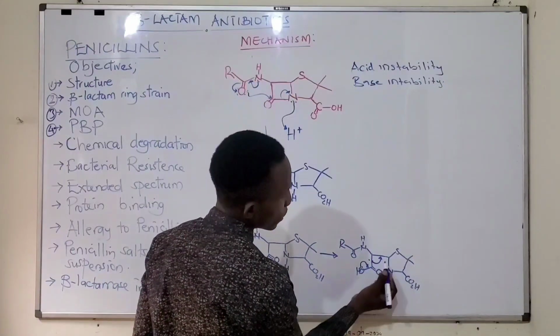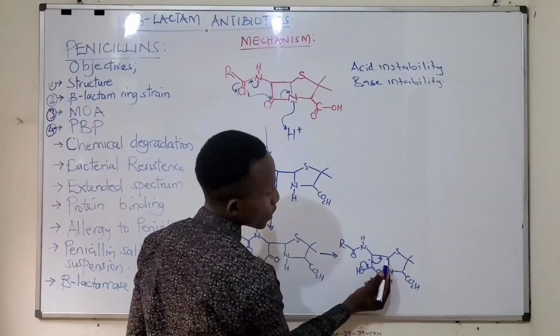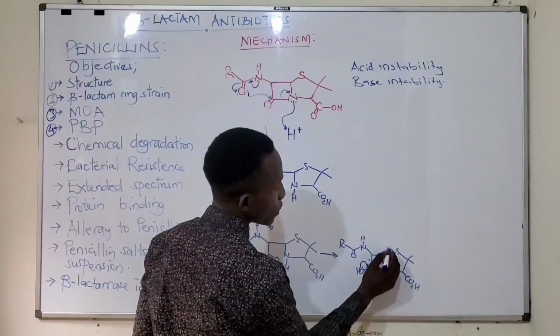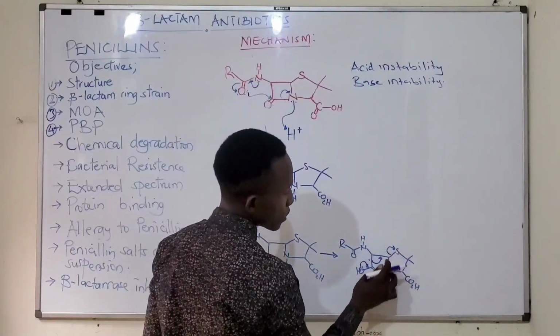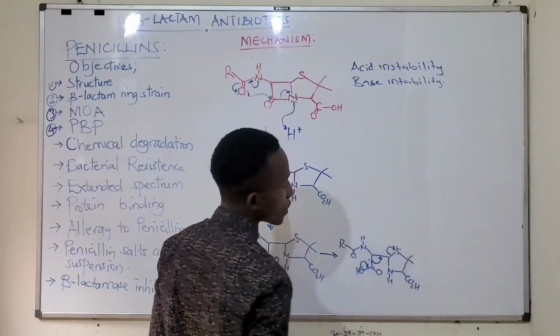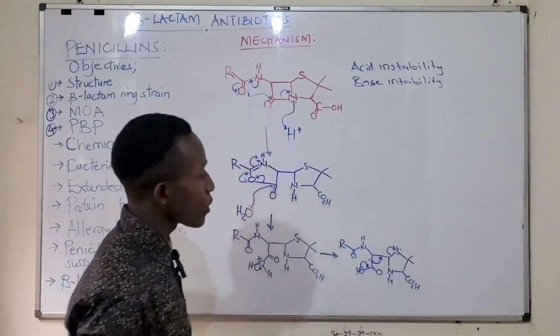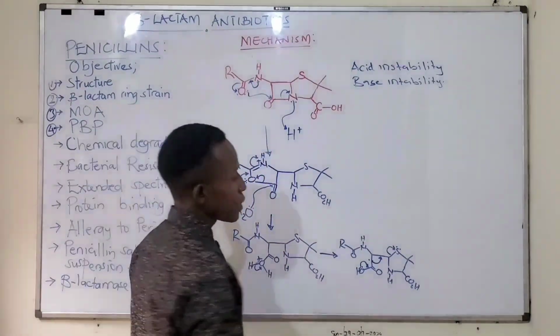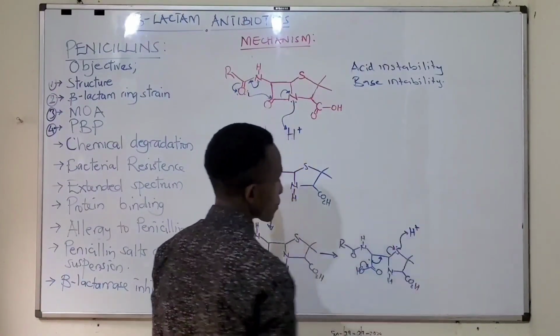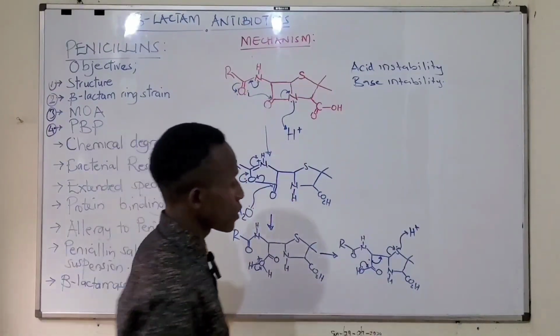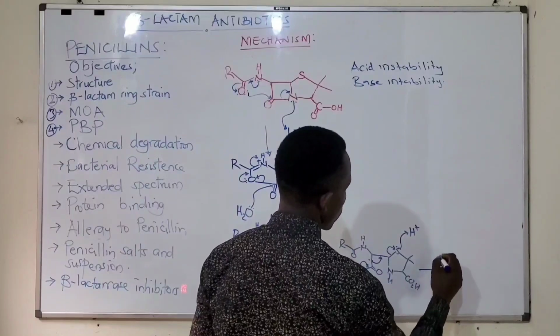This one is stable, but this one has excess bonds, so it will break this bond. When it breaks this bond, this sulfur group has a lot of electrons. Now it will also take the proton. So we shall have our R.